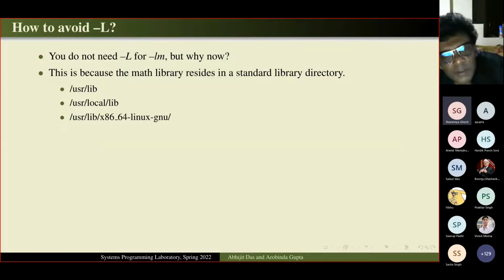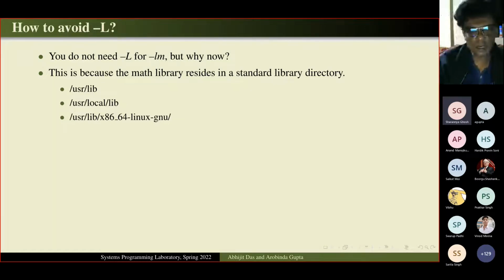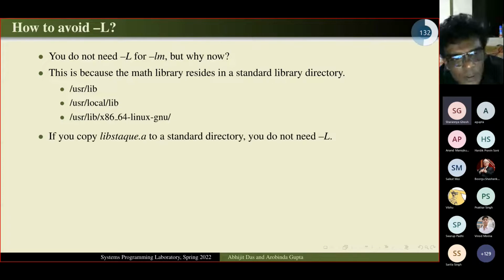So all you have to do is copy your libstack.a to one of these directories, whatever is considered one of the default search directories. But if you work as a standard user, you usually do not have write permissions to these directories.